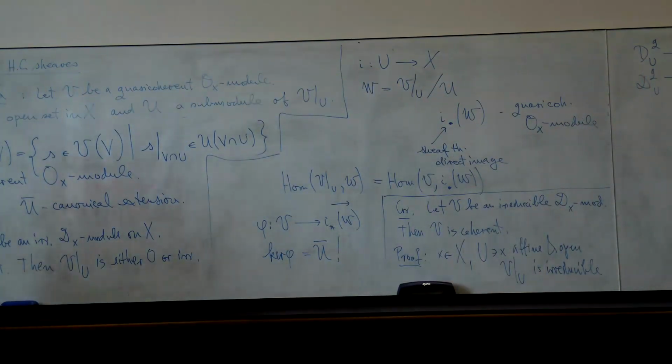So you see now that what we were discussing last time, that if you take an irreducible D module, then it's coherent. So we can talk about its characteristic variety, but the characteristic variety can be big, as we discussed last time. If it's holonomic, then of course this is not the case, and we know that Harish-Chandra modules are holonomic.